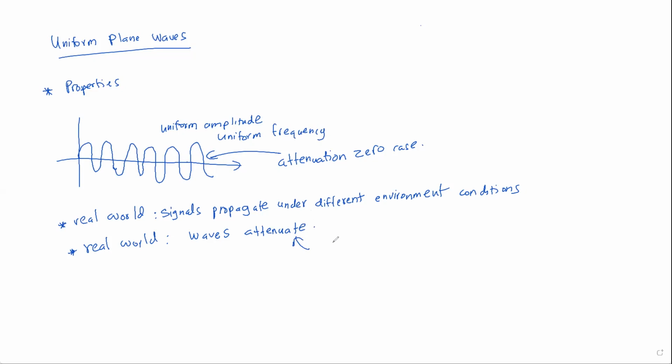So attenuation is the reduction in the amplitude and the energy of the wave as it travels through a certain medium.